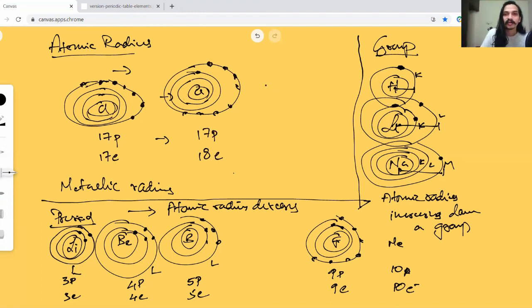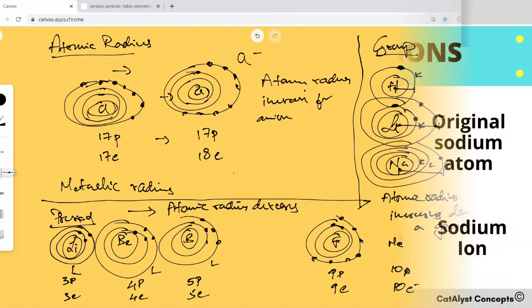Because of this, it becomes a little bigger. So atomic radius will increase. Atomic radius increases for an anion. Negatively charged ions are called anions. So this is how it is when ions are concerned.